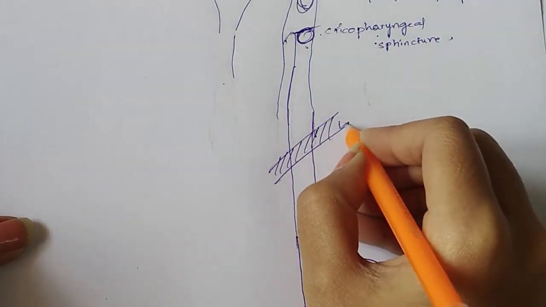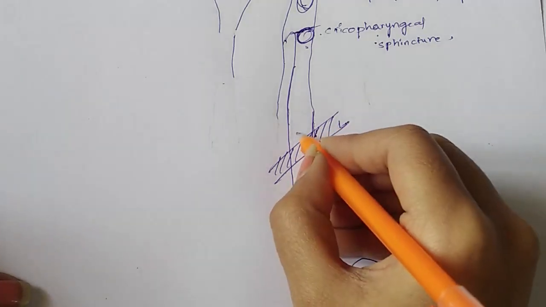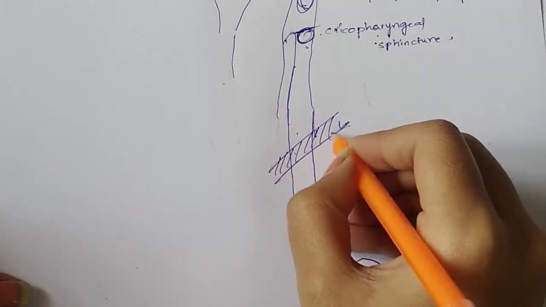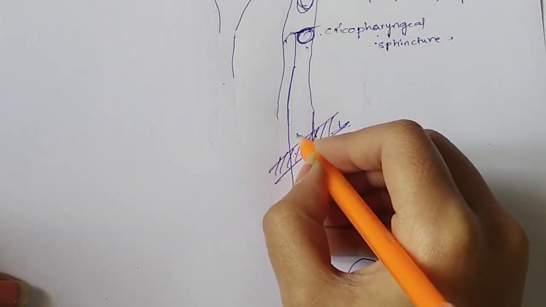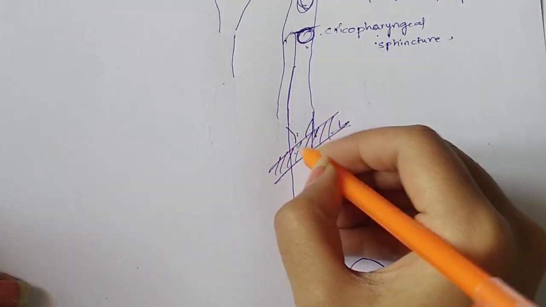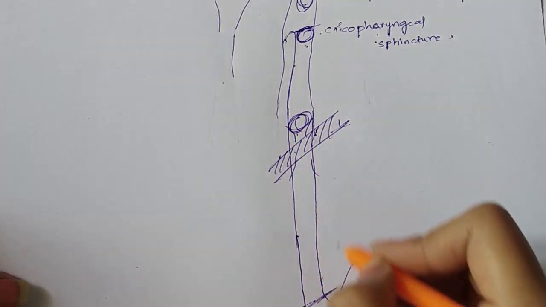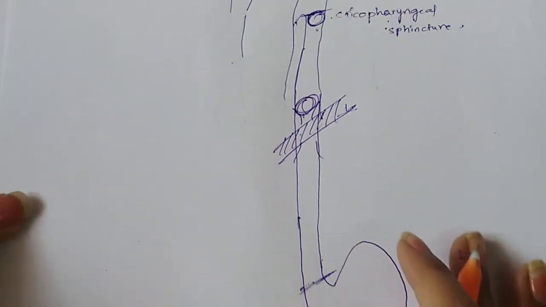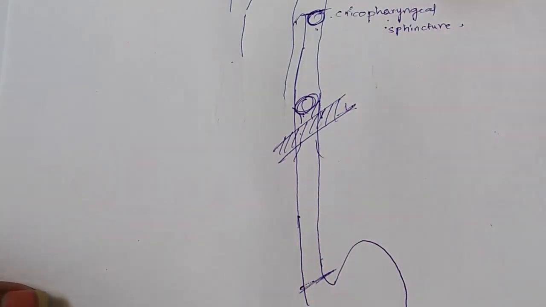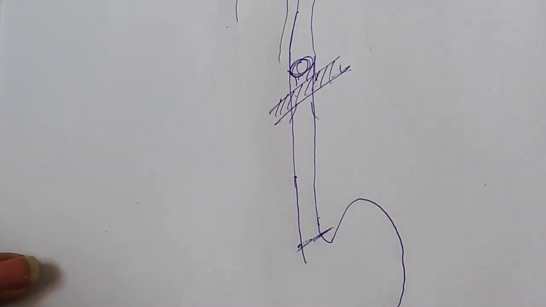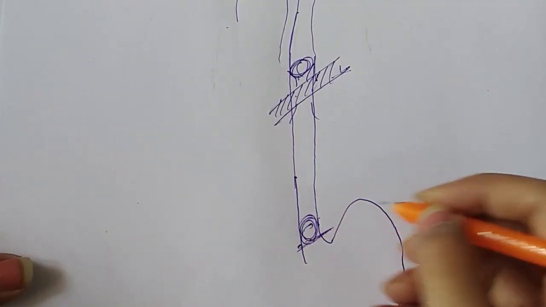or this esophagus is crossed by the bronchus and at this point there will be constriction in the esophagus like this. So above this also foreign body can get lodged, and in the lower end, also called the cardiac end, foreign body can get lodged.